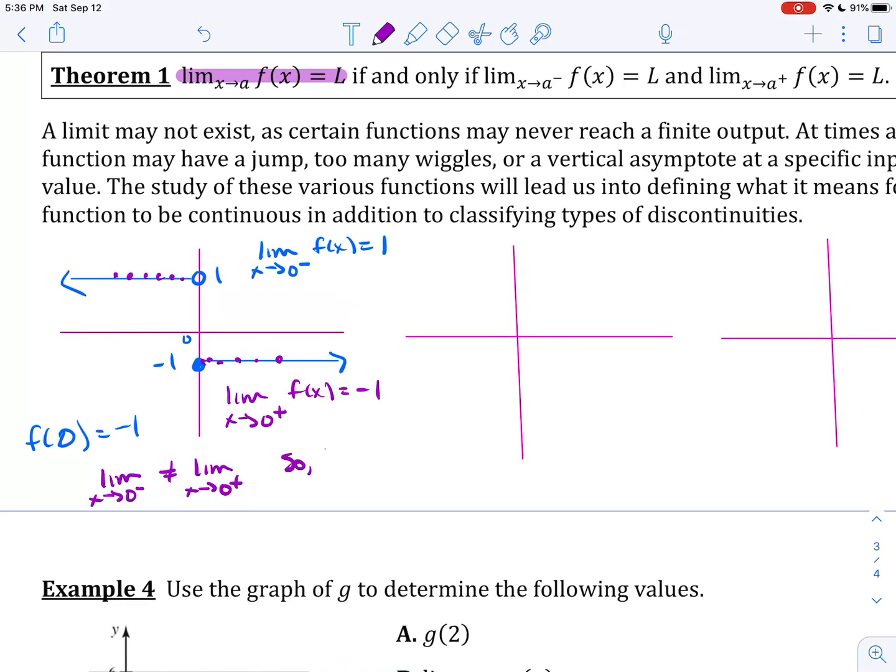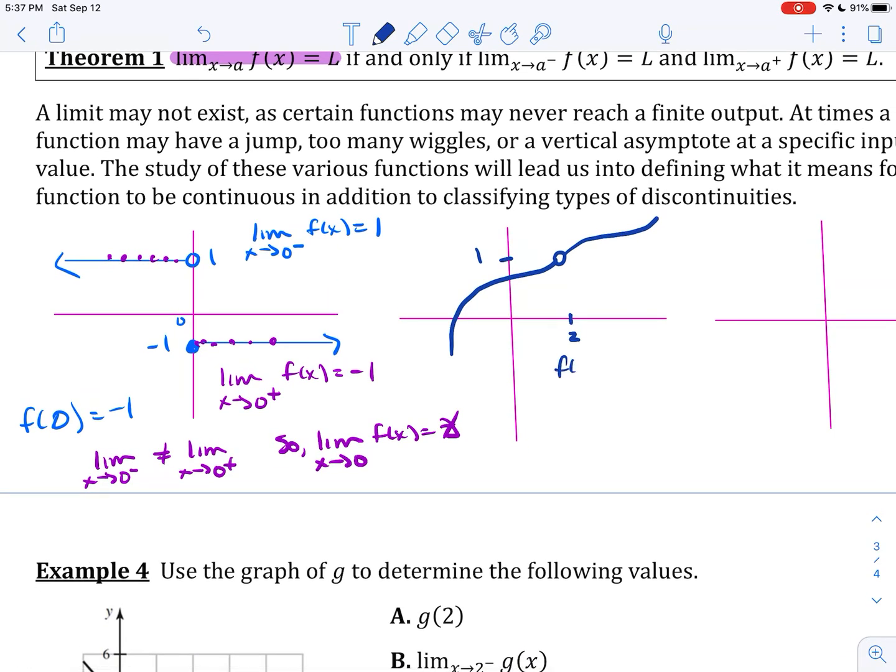So the limit as x approaches 0 of f of x does not exist. Good. And here, again, if this were 1 and this is 2, say, we would say that f of 2 does not exist, but the limit as x approaches 2 from the left of f of x does equal 1 because the outputs are tending towards 1.